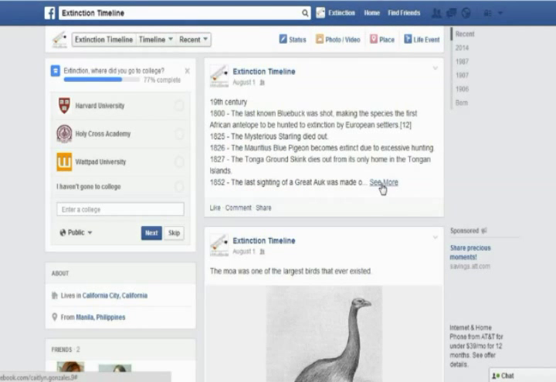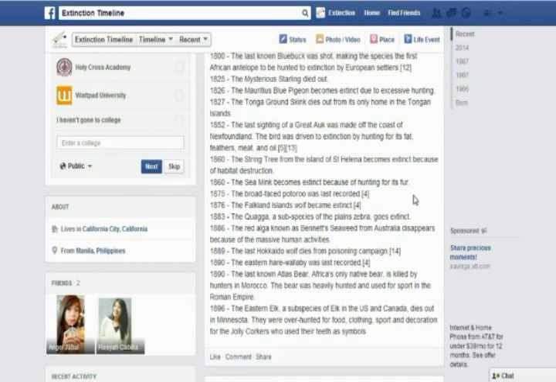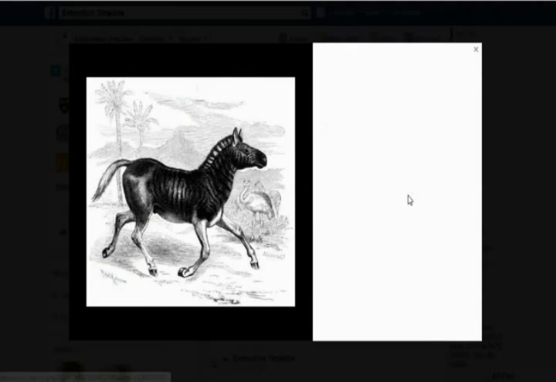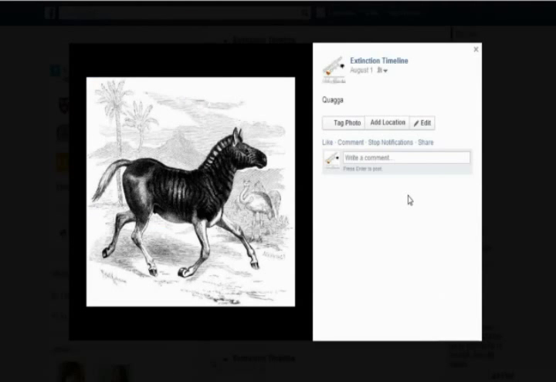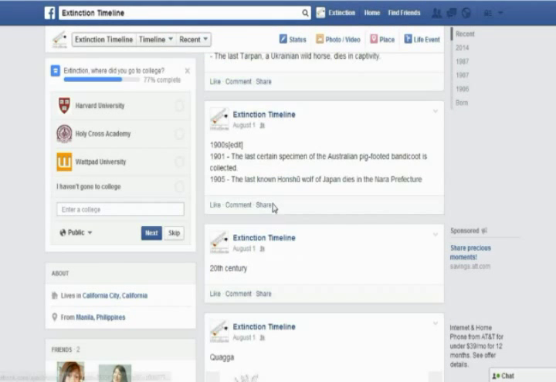19th century. Quagga. 20th century. 1900s.